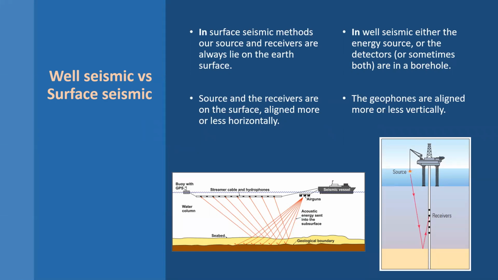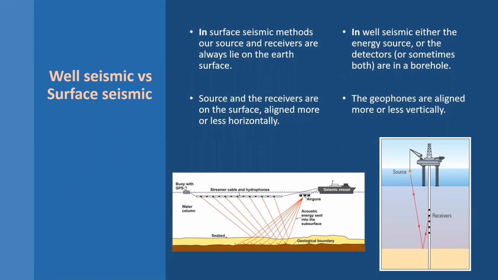See the two figures. In the case of well seismic, in this figure, the source is on the surface or near the surface while the receivers are in the well, and in the case of surface seismic methods, both source and hydrophones are near the surface of the water, or almost horizontal.